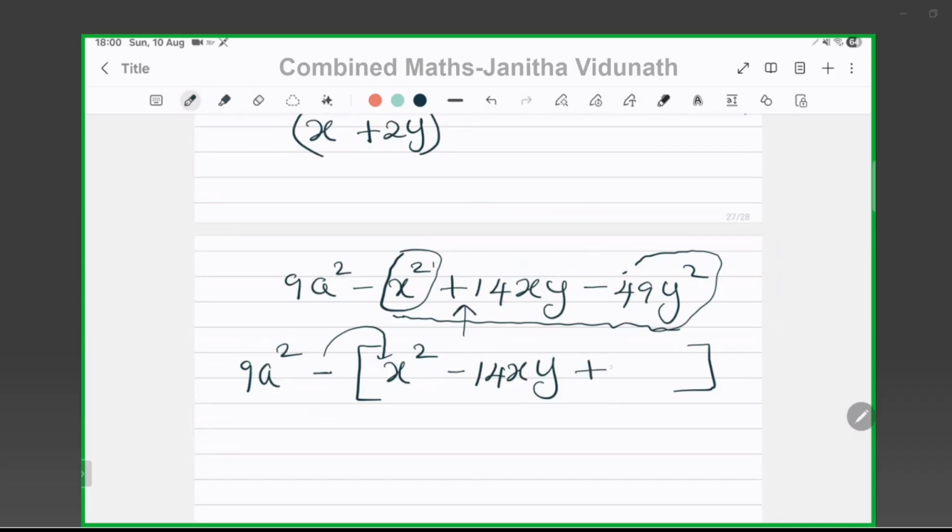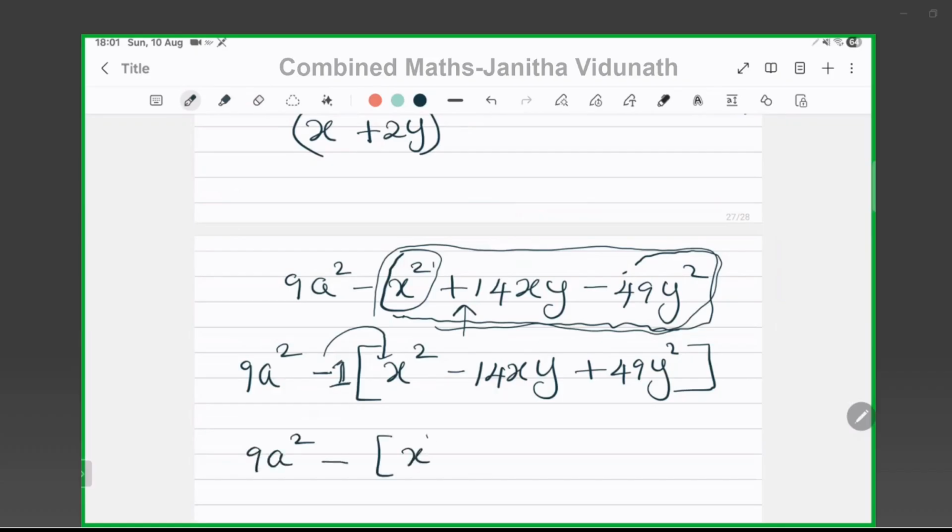Then we get 49y square. I simply think of minus 1 as the common factor for all these three terms and take minus 1 out of the bracket. Then we have 9a square minus x square minus 14xy plus 49y square.